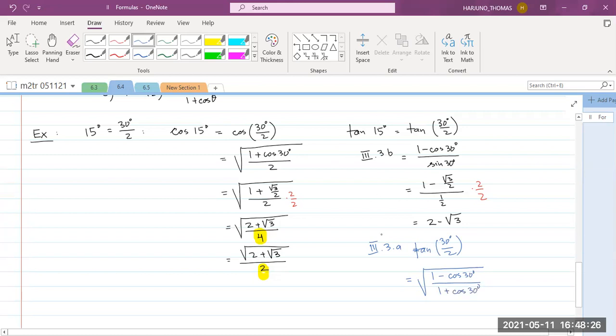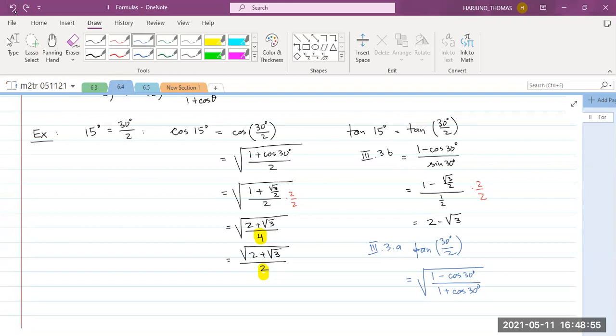So you see that I decide the plus minus here by first knowing that 15 degrees is in quadrant 1. Okay, that's how I know it's plus, right? Notice that I didn't do that here, and I don't need to do it there. I just go ahead with the computation. So that's the benefit of formula 3b and 3c compared to formula 3a.